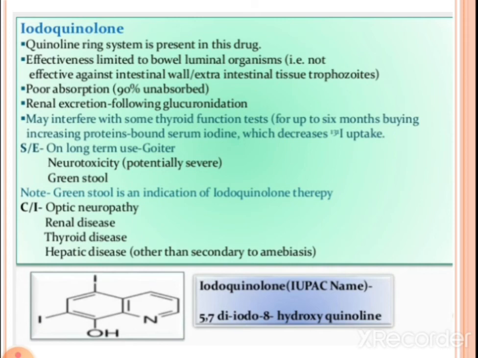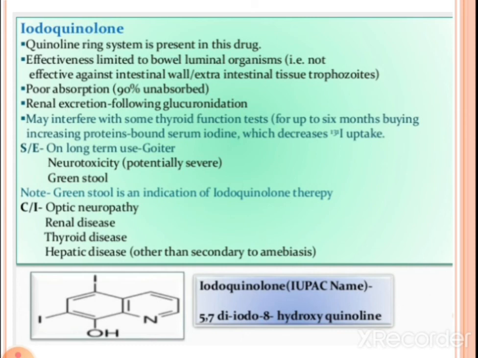The activity is only against bowel luminal organisms. Absorption of this drug is poor, with 90% unabsorbed. Renal excretion follows glucuronic acid conjugation, so in excretion we get the glucuronic conjugate of this drug.